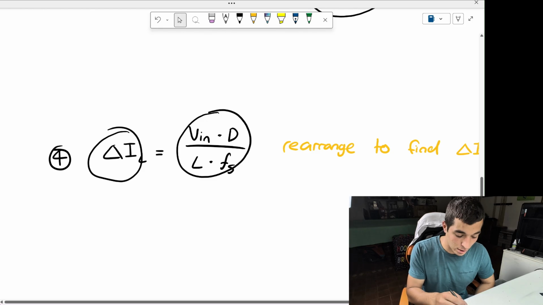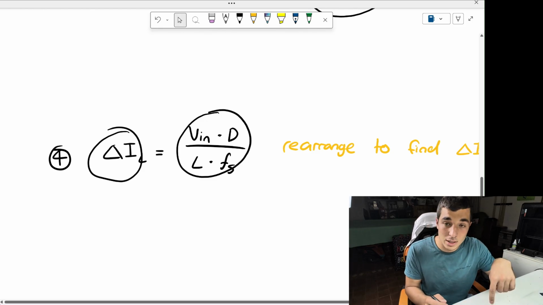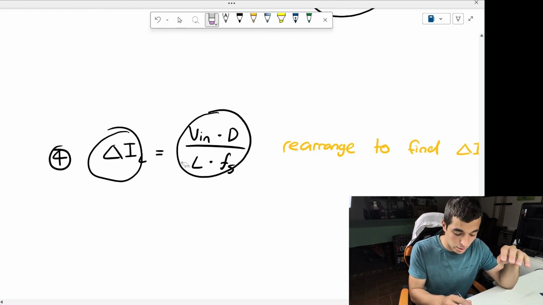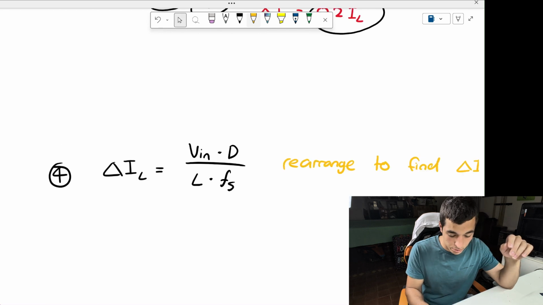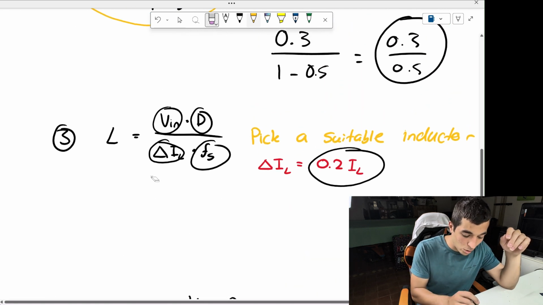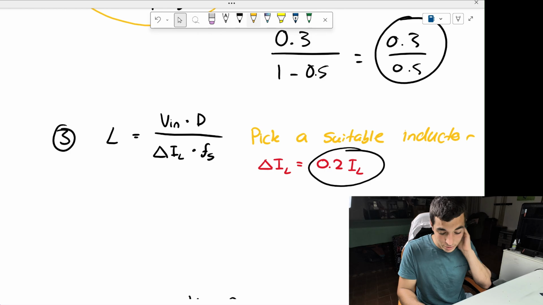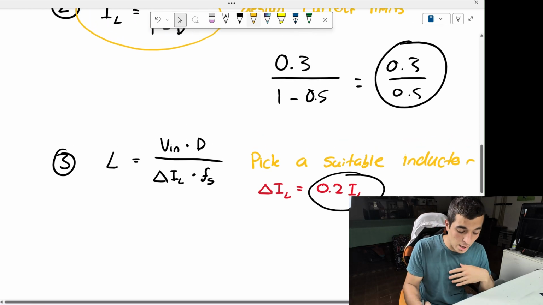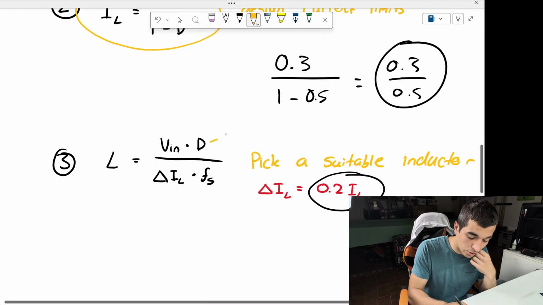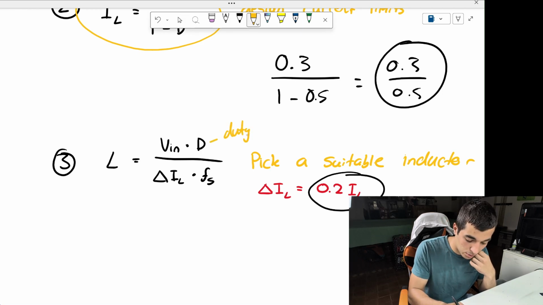Just throw it into this equation, and it will tell you. Now, if you want to buy an inductor that has a 20% ripple of the inductor current, then follow this equation here. Switching frequency, duty cycle, right?